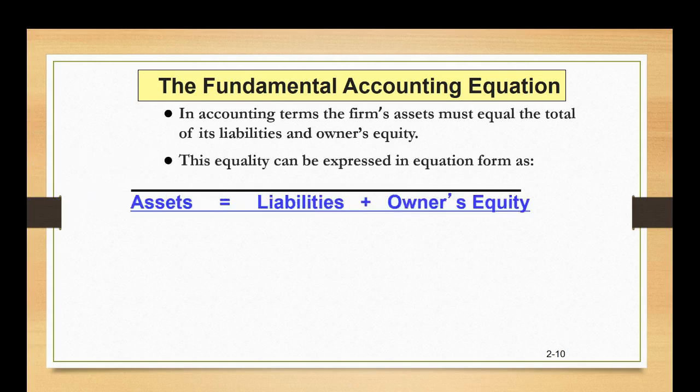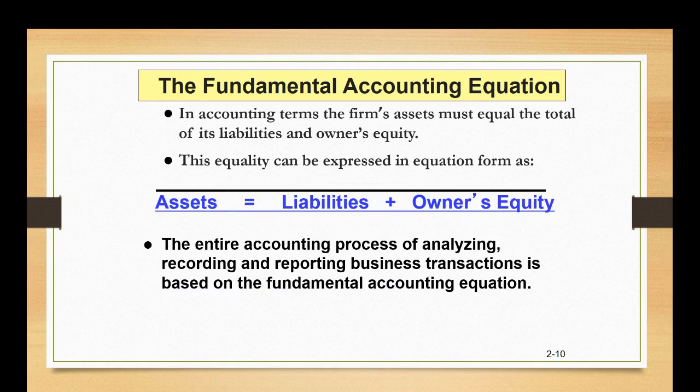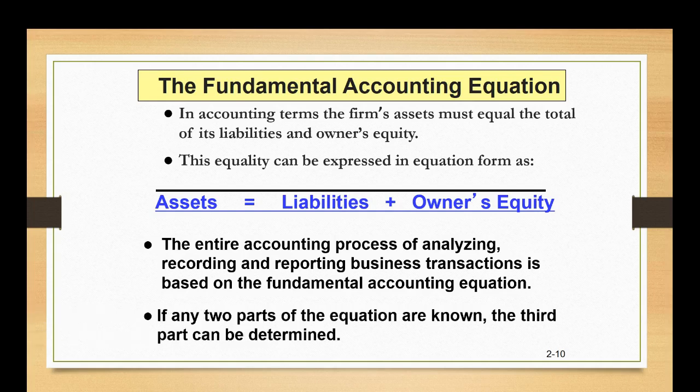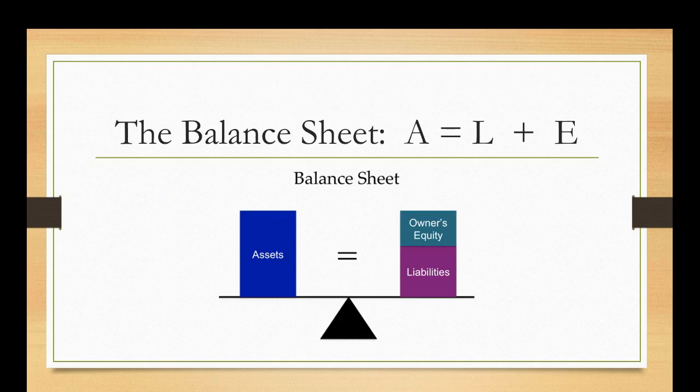The equality can be expressed in equation form, and everything we do in accounting can fall under one of these categories. And as with any equation, if you know 2 parts, the third part can always be determined.